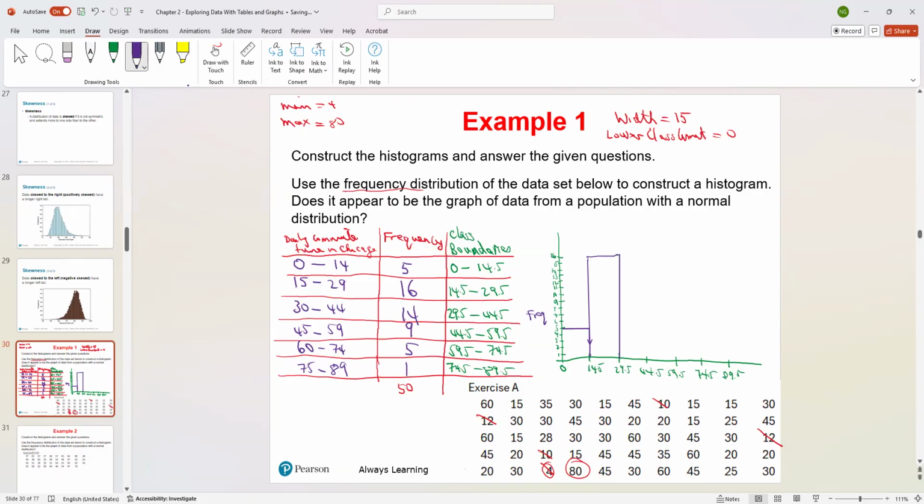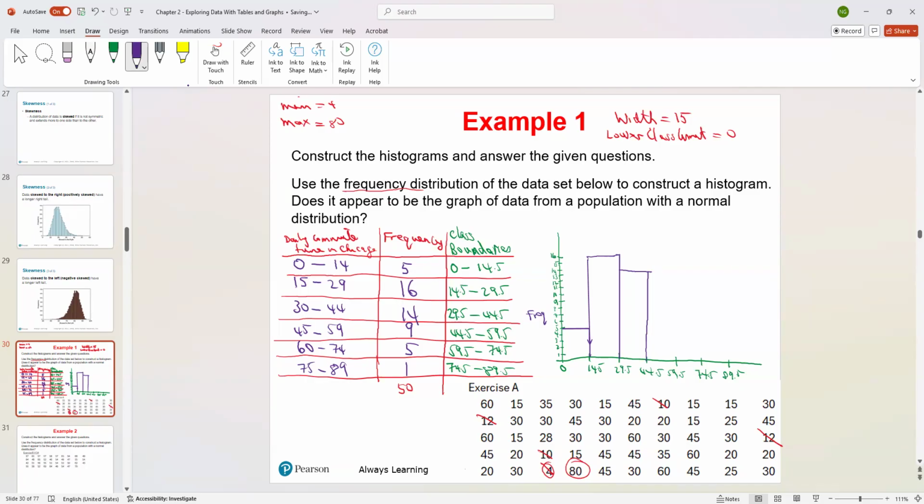Now, the next bar, from 29.5 to 44.5, would be 14. So we know where 14 is located, right there, and I will go up like this. The next bar, from 44.5 to 59.5, is 9.